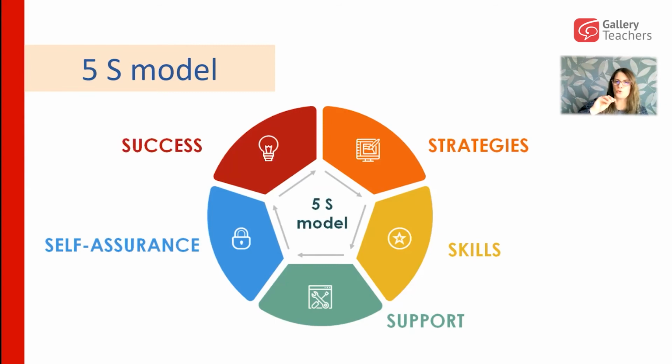And you can get them to think about what strategies they have or need to be more successful language learners, what skills they have, what they need, who, where, how can support them to be more successful, what confidence issues they have, how do they see their confidence. You could do a bit of scaling here, on a scale of 1 to 10, how confident do you feel? And then could they please define what success means for them as language learners? And you'll come up with lots and lots of answers and ideas.